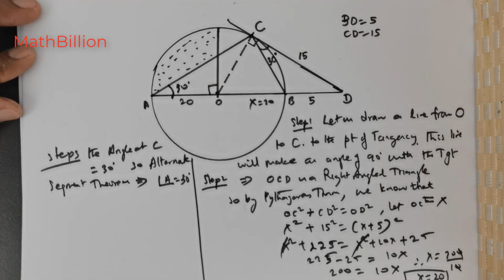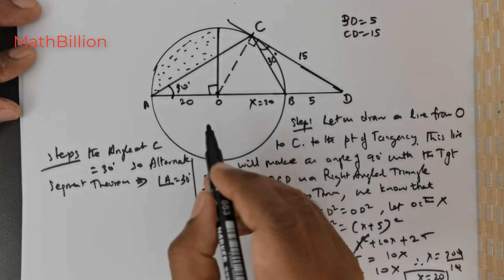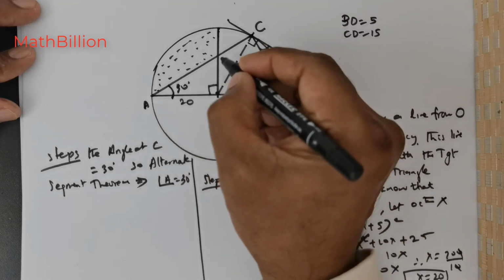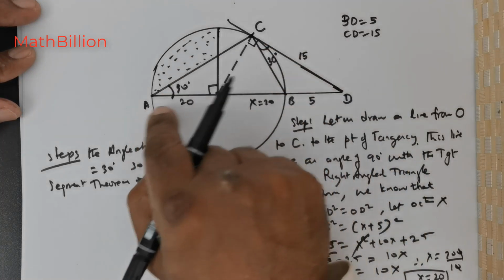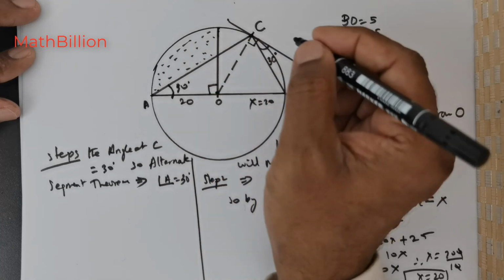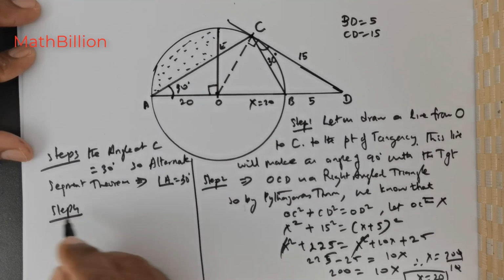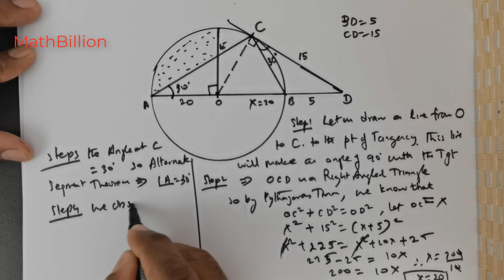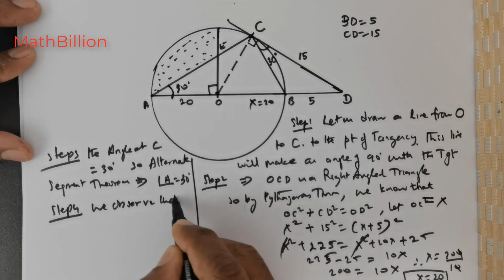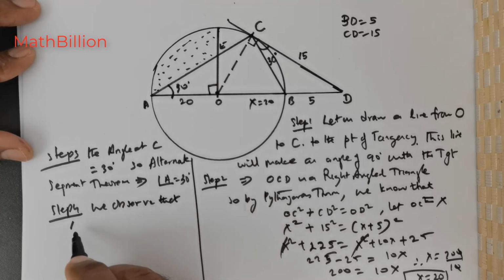right? So because this is 30 degrees and we have a right triangle, what I wish to do is take AOE to be the triangle under consideration. So step 4, we observe that. What do we observe?